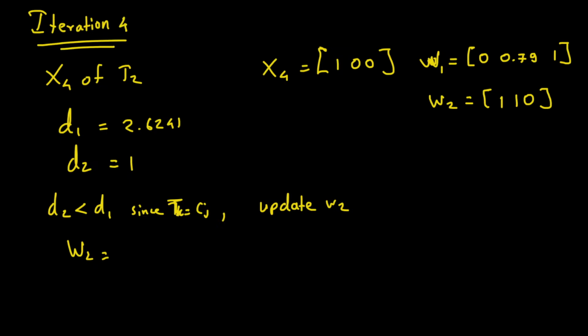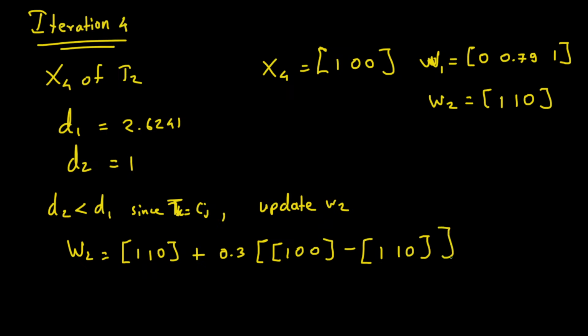Updating W2 is we bring the W2 value, which is 110, and then we put a plus and then multiply by the gain, and then we put the corresponding x value, which is 100 in this case, and then we put a minus and then put the W2 value again, which is 110, and then we calculate.